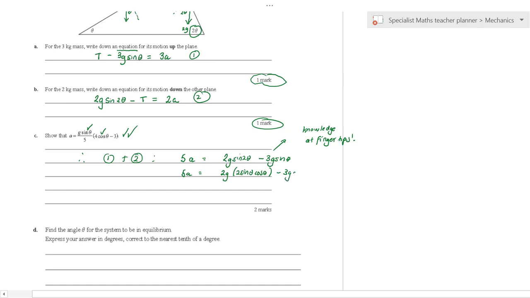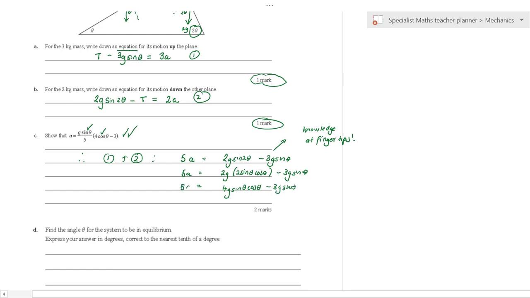Wow, look at that. I reckon we're getting somewhere here. Now we've got g as a common factor on the right, and we've got sine thetas. Sine theta is a common factor. So why don't we say that that's 4g sine theta cos theta minus 3g sine theta.